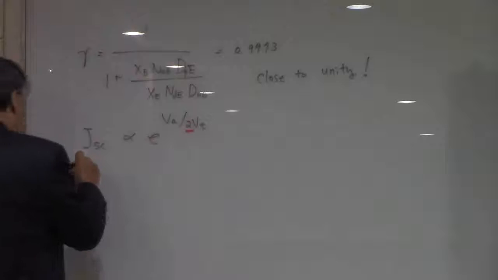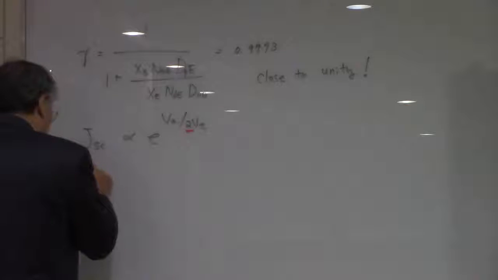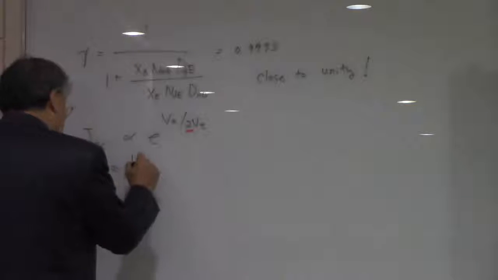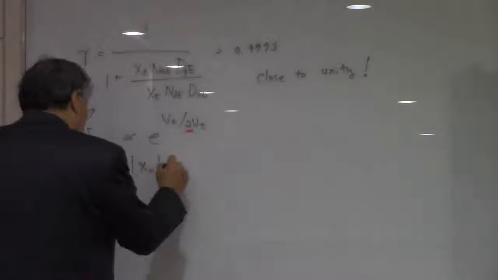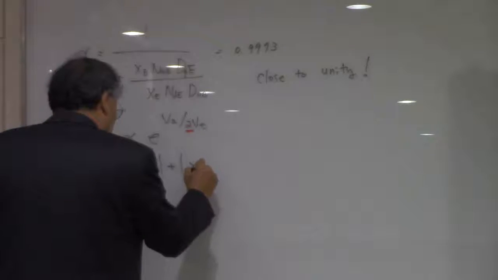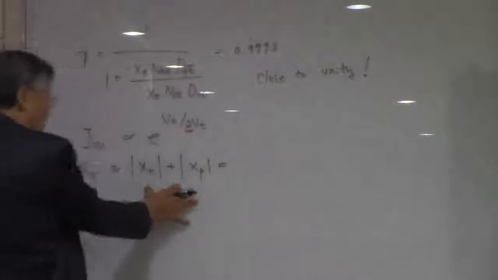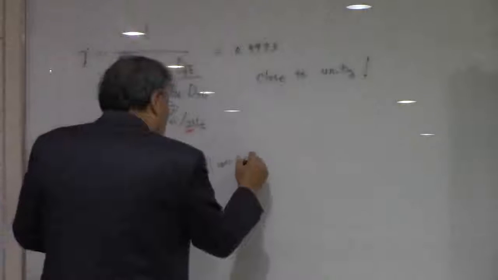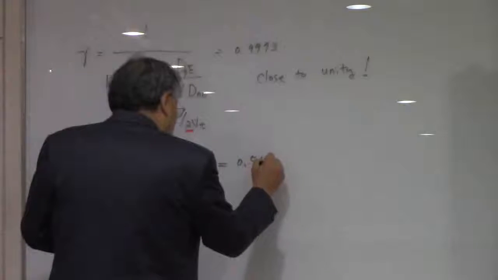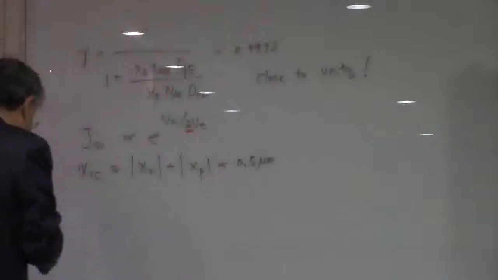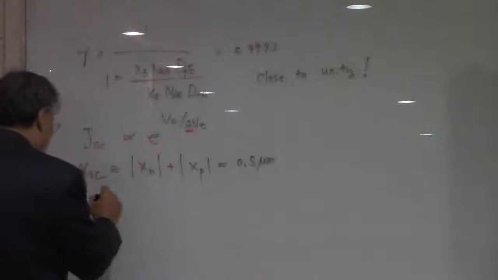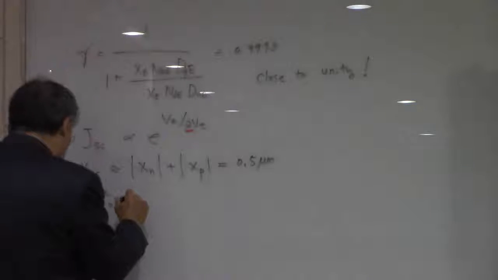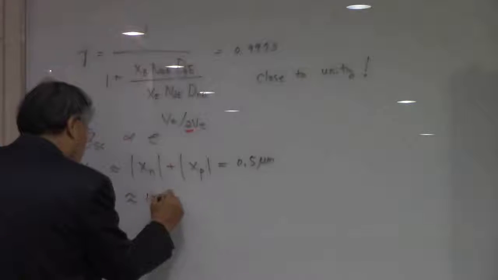And for example, the space charge region width XP, on both sides, emitter and base, we said if that is 0.5 microns, okay? And the lifetime is about 100 nanoseconds.